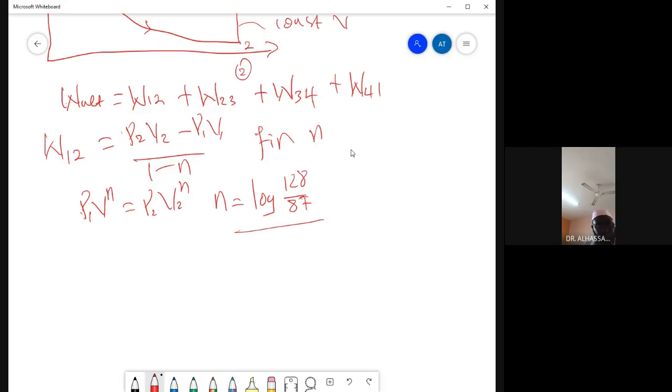Oh, sorry, we need to determine the volume. So the volume is not known, V2 is not known. Okay, so we need to determine V2. Okay, so let me delete the whole of this.